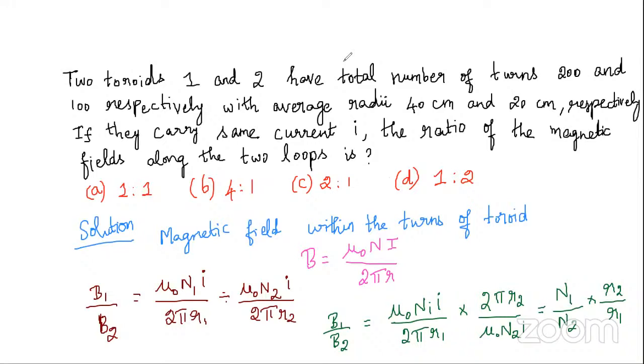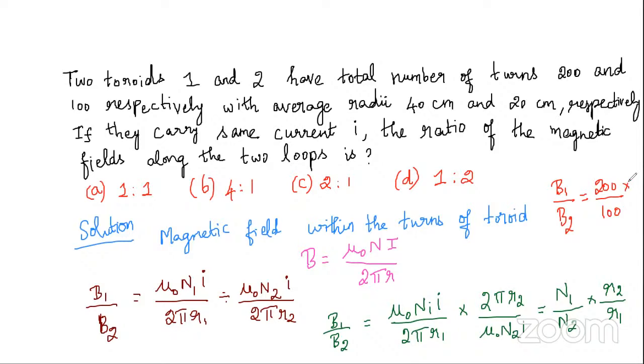Now we have to substitute the N1, N2 and R2, R1 values. B1 by B2 is equal to N1 by N2, N1 means 200, divided by N2, the number of turns in the second coil, 100, multiplied by R2 by R1.